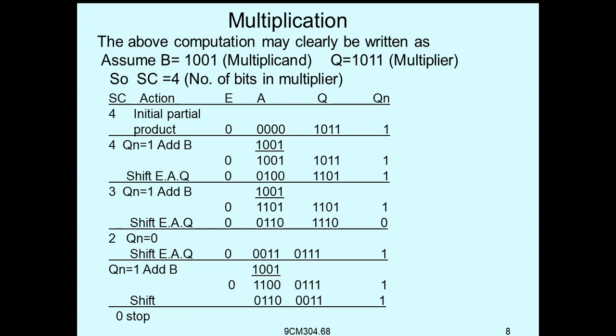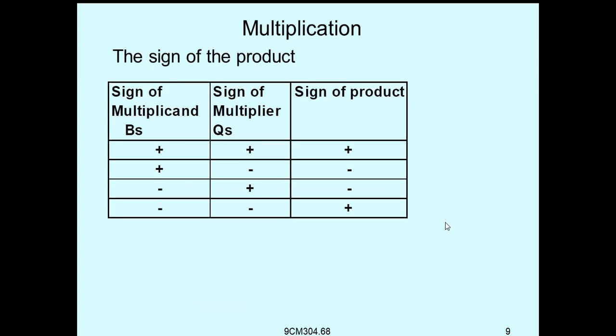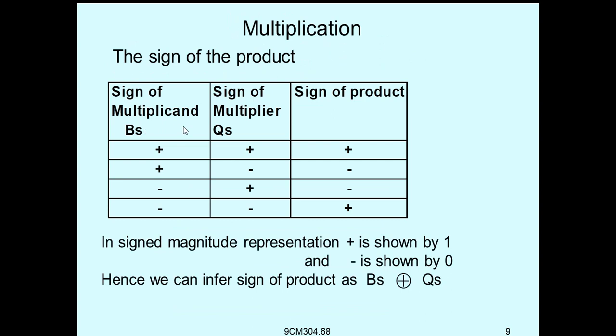But how to give the sign bit to the result: sign of the multiplicand BS plus, sign of the multiplier QS plus, then the sign of the product you will get is plus.